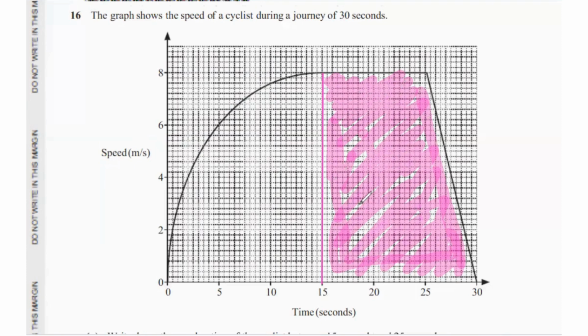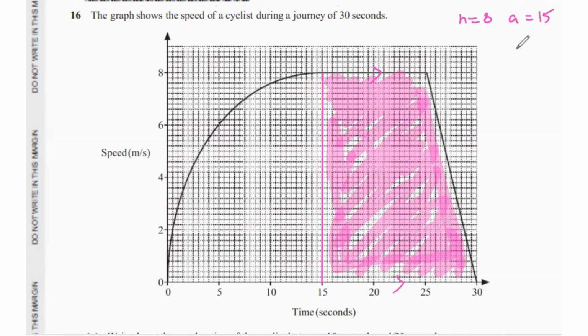So if we look at the shape that it's making from 15 to 30 seconds, we can see that it's a trapezium. In a trapezium, we have two parallel sides. So that is our two parallel sides. And our height is 8. Parallel sides are, A is going to be from 15 to 30.